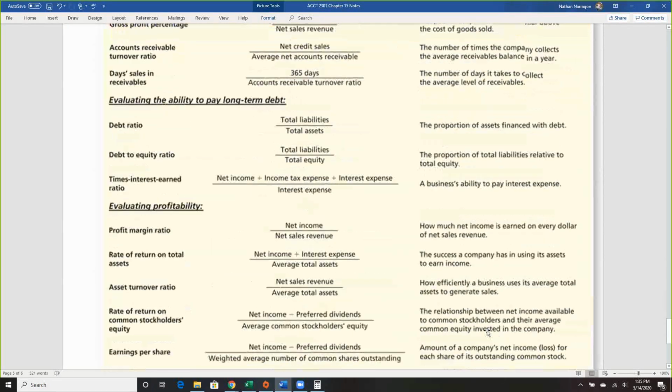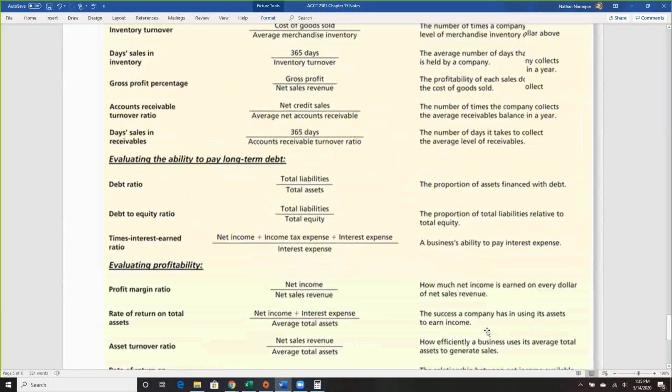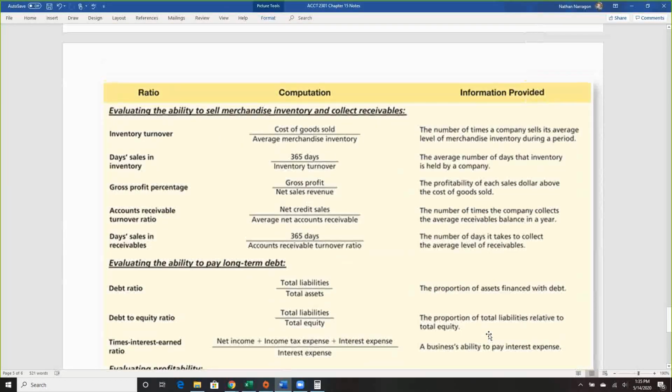Then we got these sets. Look at all these. Lots of fun. We're going to evaluate the ability to sell merchandise inventory and collect receivables, which of course has our inventory turnover. So basically how many times can we sell through our merchandise.